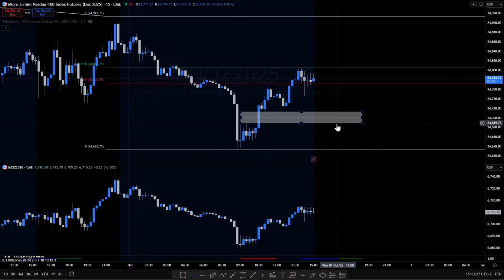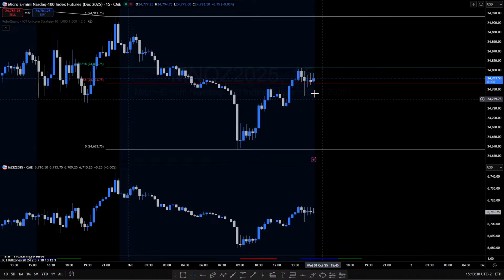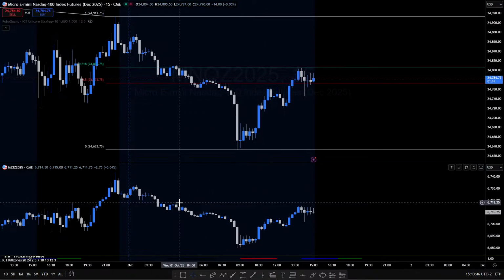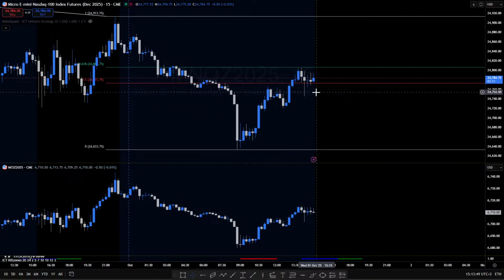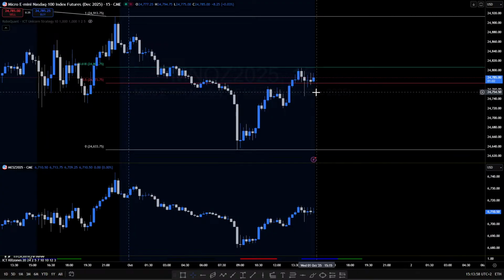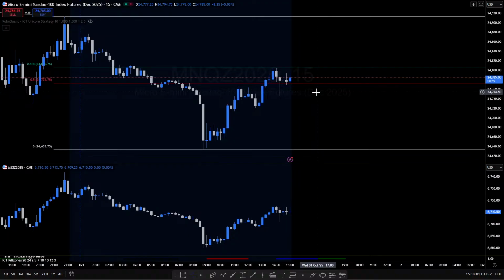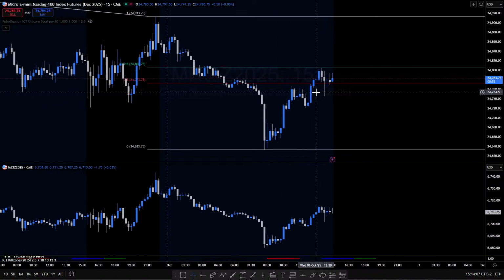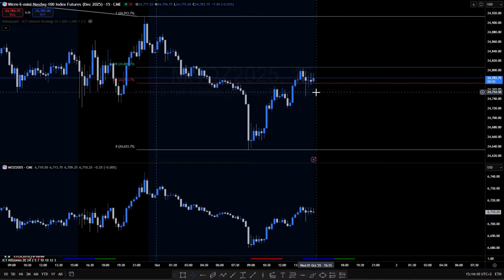Okay, for here on 15 minutes, let's see. On MNQ, it is still in consolidation.